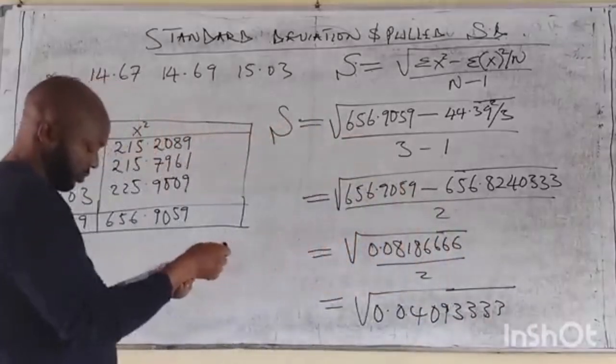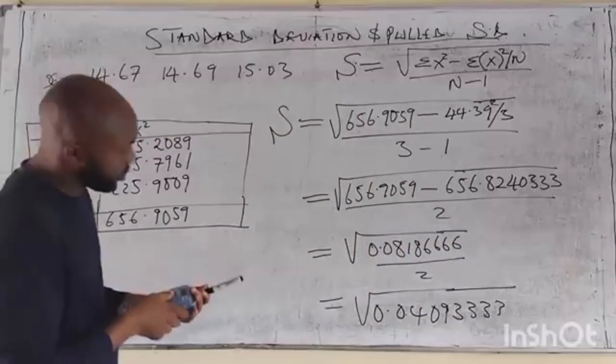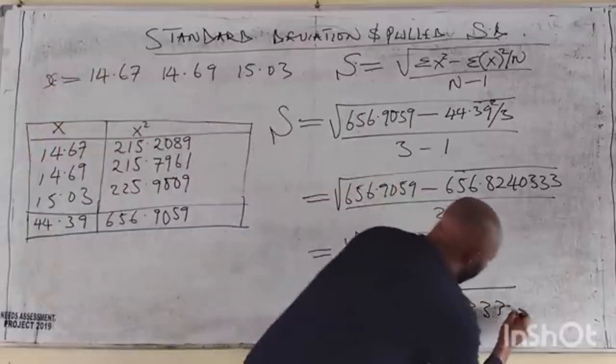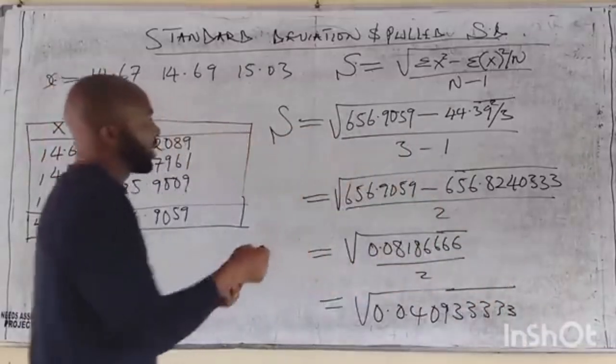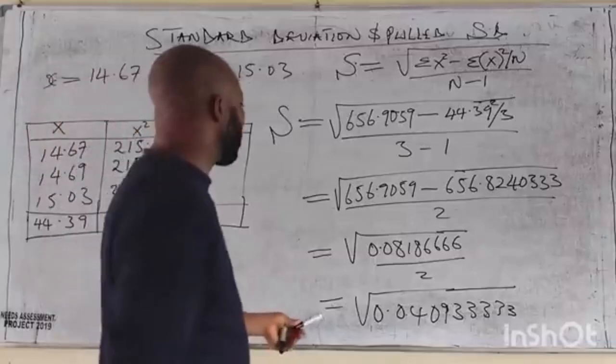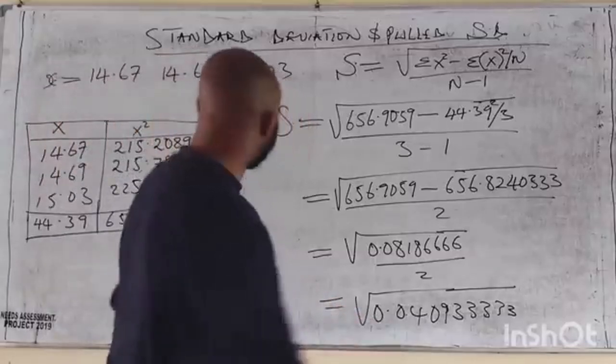Now, 1, 2, 3, 4, 5. That is what we have; now we have to look for the root of this to get our final answer.